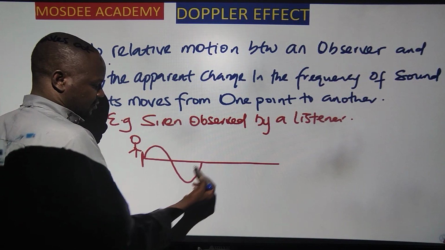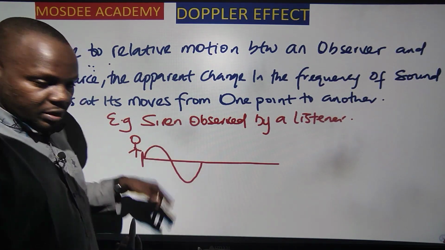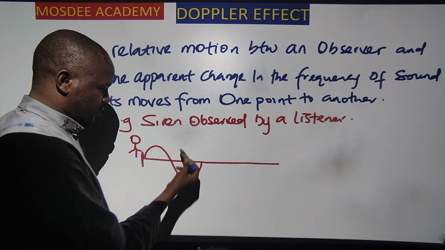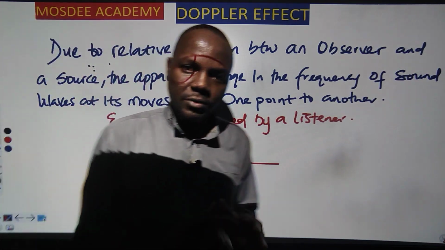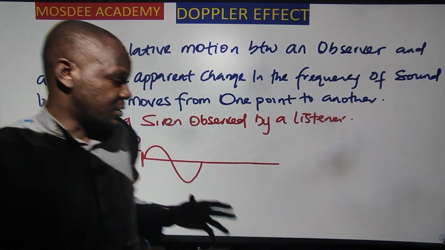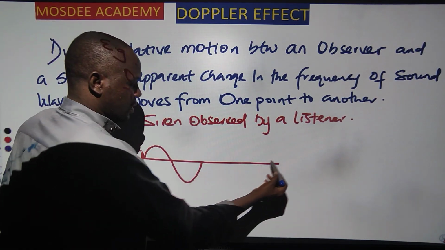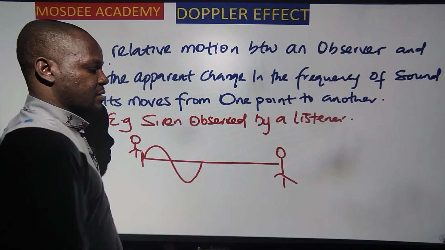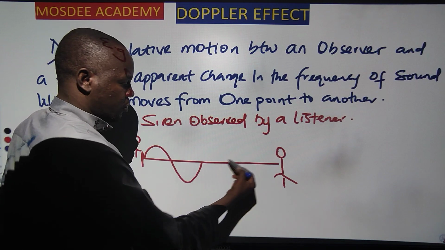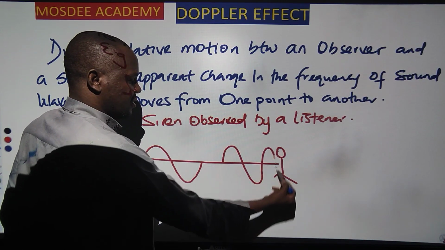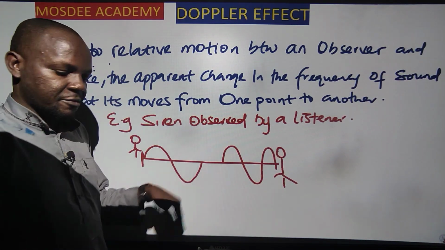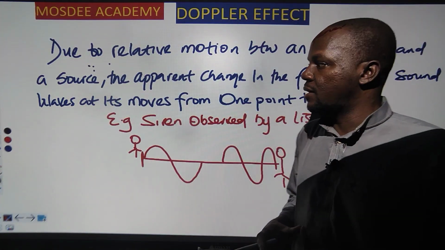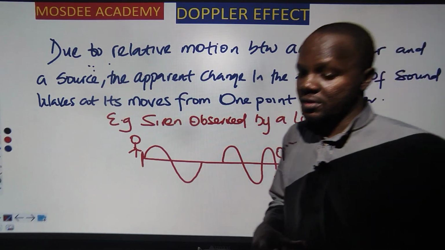If you talk about movement of sound waves, we use a particular formula which I believe you've studied in your junior classes, that is V equals F lambda. As the wave is going from the source, it continues to move until it reaches the observer. The change in frequency will now be studied mathematically.